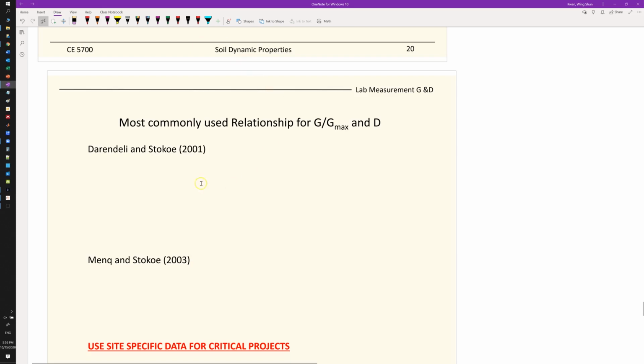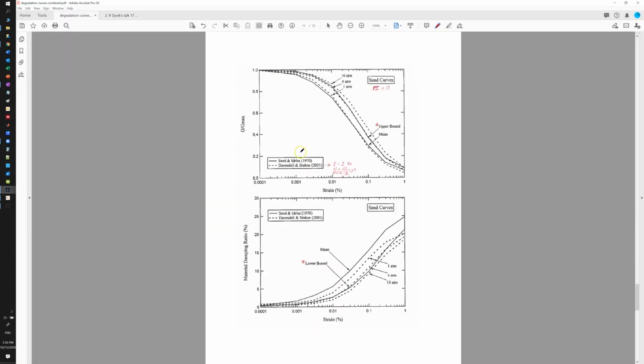And so the first version is 2001. Those are his doctoral students, Darendeli and also Menq. So Menq is still working at Texas with Stokoe as a research associate. He has been in Texas for a long time, but his PhD work is kind of the improved version or some modifications.